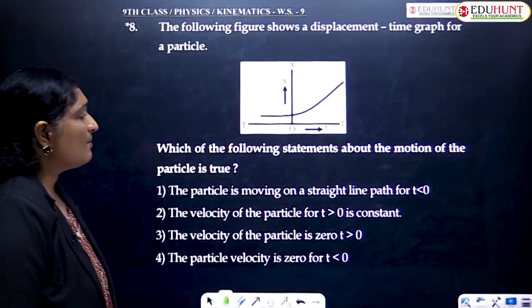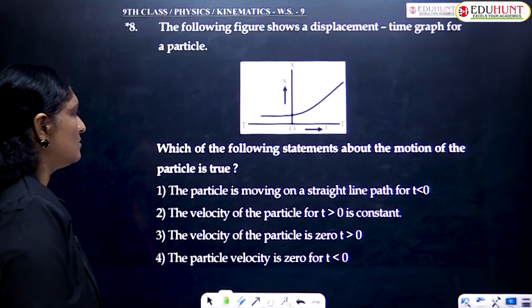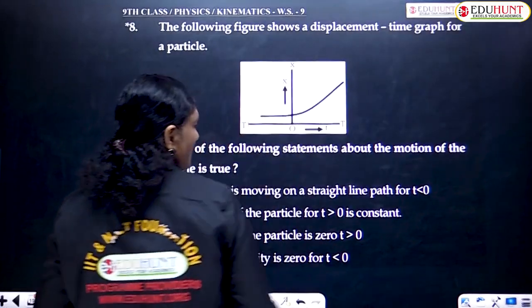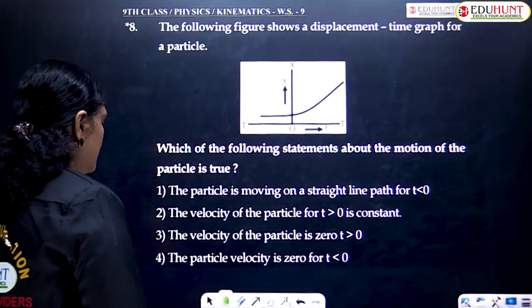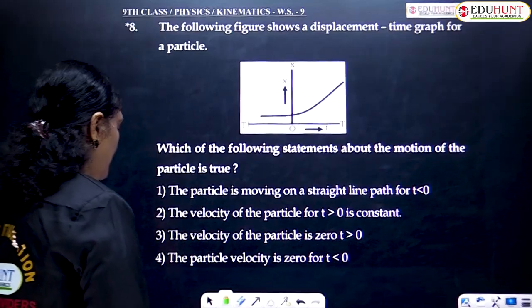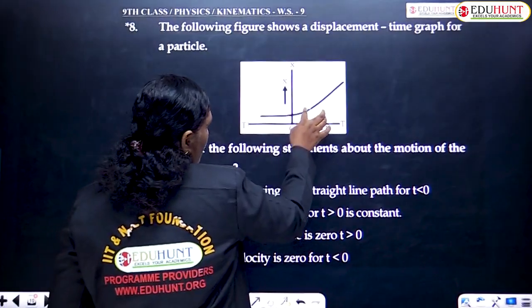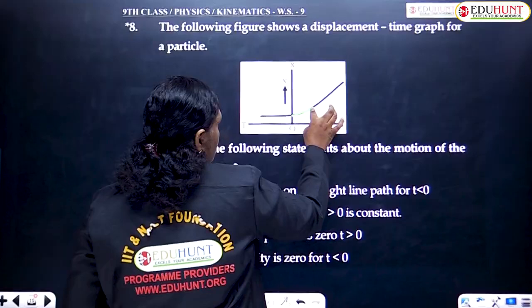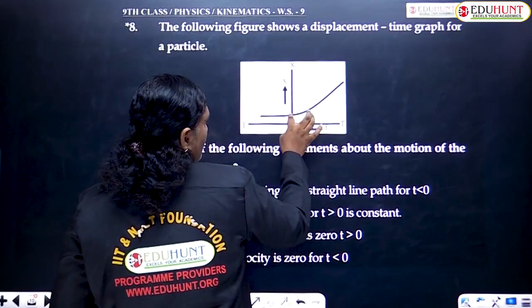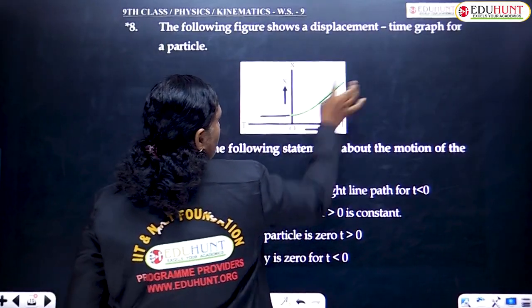Second one, the velocity of the particle for t greater than 0 is constant. Is it constant, children, for t greater than 0? Question number 8. So, here if you observe, it is a little curved, something like this. It is curved here and again it moves in a straight line.